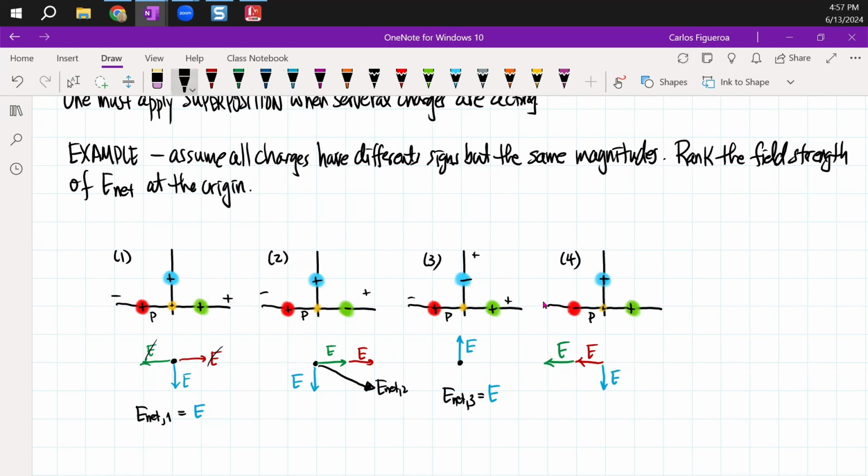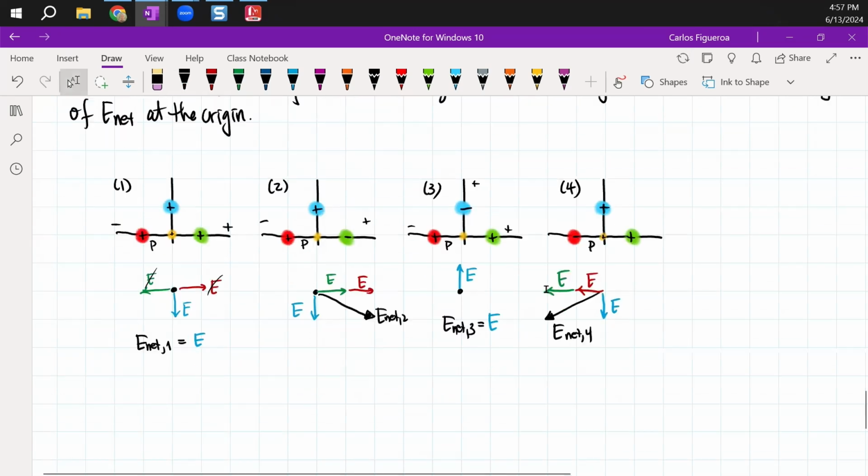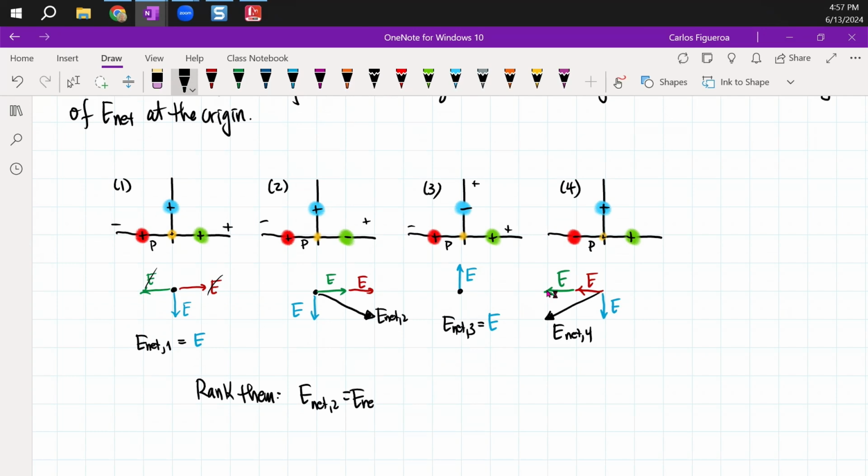By superposition, the net field at 4 looks something like this. So if I now rank them, I can immediately see that the net field of 2 is the same as the net field of 4, which is greater than the net field of 1, which is equal to the net field of 3.